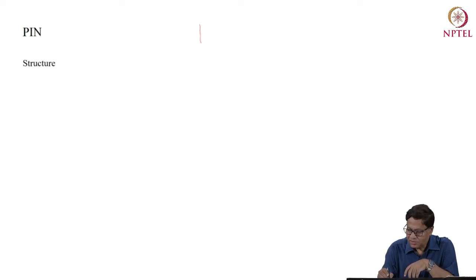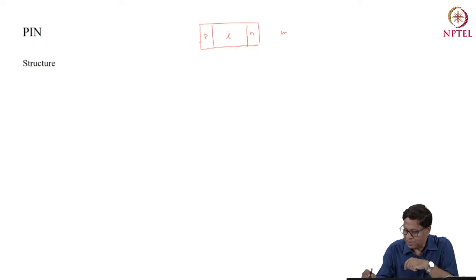It is a p-n diode, and there is an intrinsic region in between, which I am denoting as I. This intrinsic region is kept wide. I'll tell you why it is kept wide. It is kept wide and this is lightly doped.